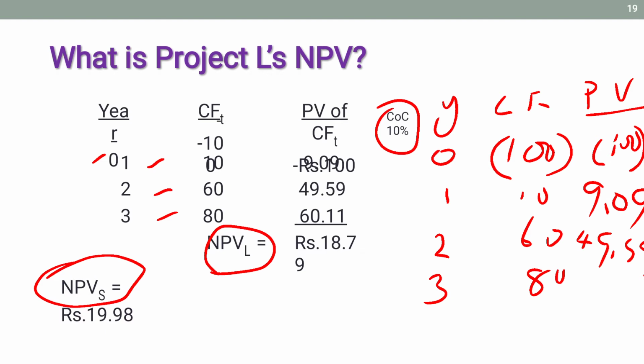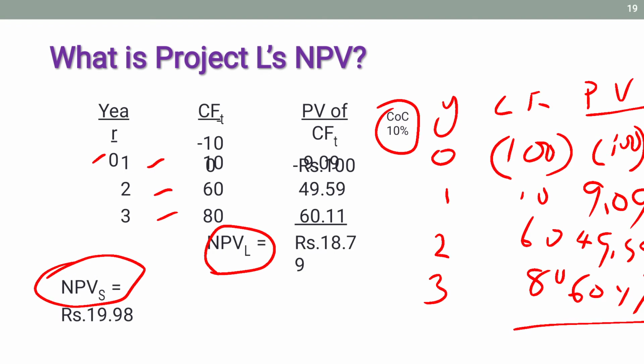For the third year, 80 upon 1 plus 0.10 to the power 3, then you are ending up with 60, let me write 0.11, right?